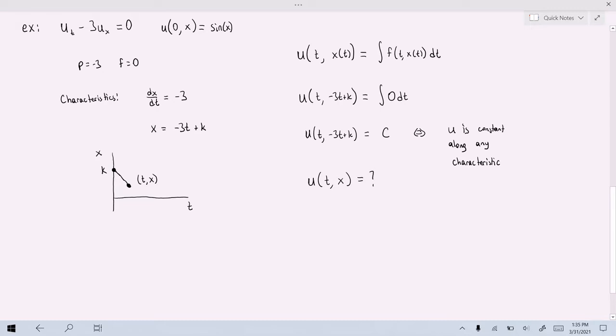And because I know that u is constant along any characteristic, I know that u evaluated at this point t, x should be equal to u evaluated along any other point on the characteristic. In particular, it should be equal to u evaluated at this point where t is 0 and x is k.